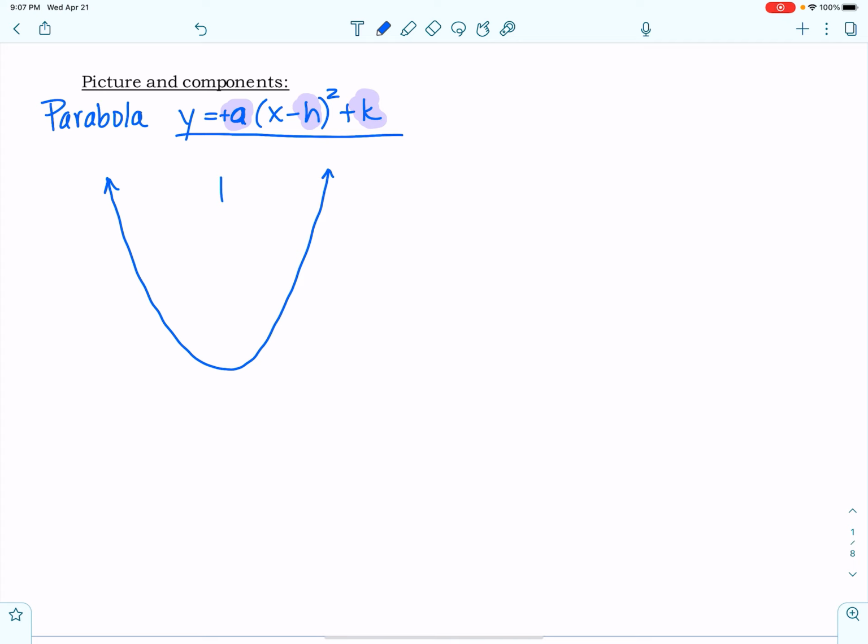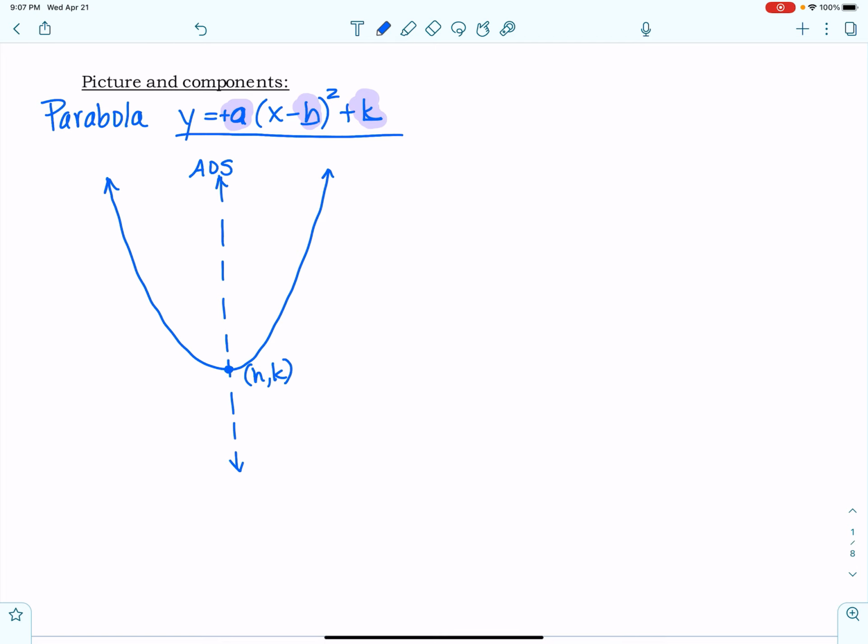There are several pieces we need to know here. Okay, this is called the axis of symmetry. I am just going to use an abbreviation for axis of symmetry. It is always a line. It always goes through the vertex. This vertex is (h, k), and you guessed it, that h and that k.